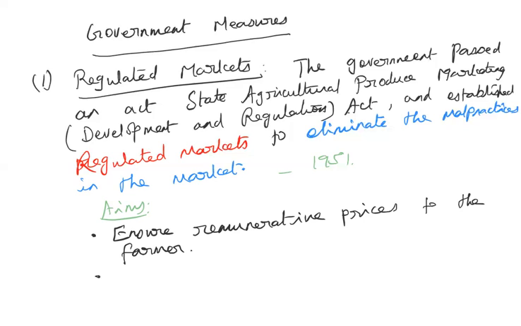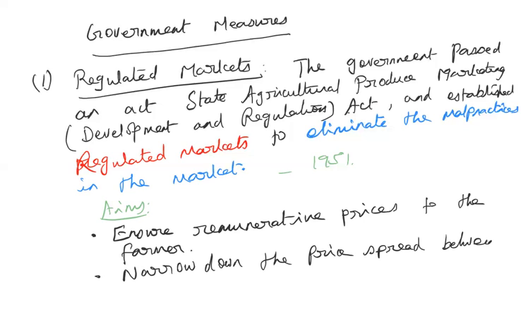The next aim is to narrow down the price spread between the producer and the consumer. Whatever the farmer is getting is very little, while the price paid by the consumer is very high.